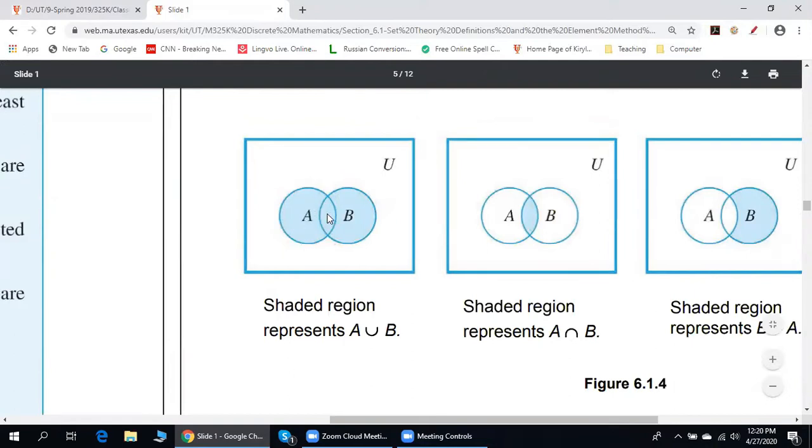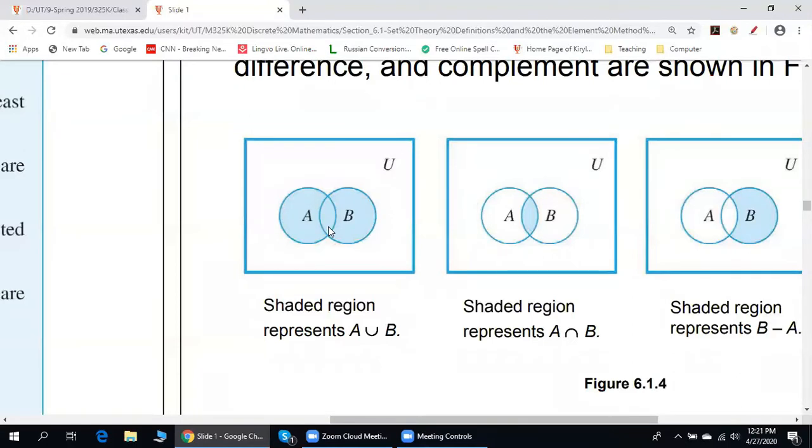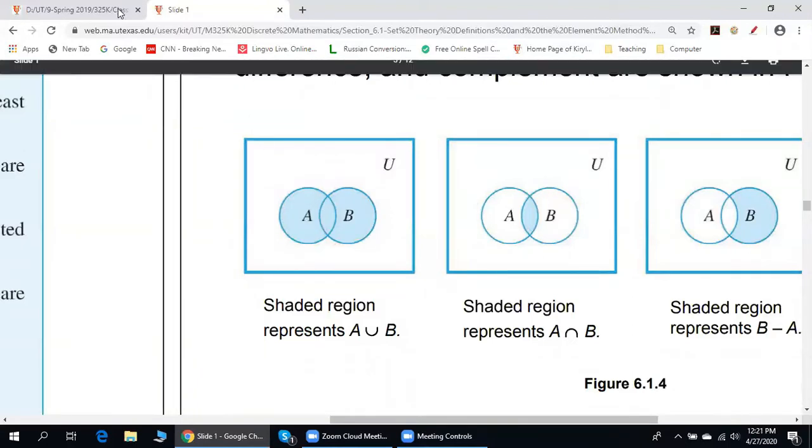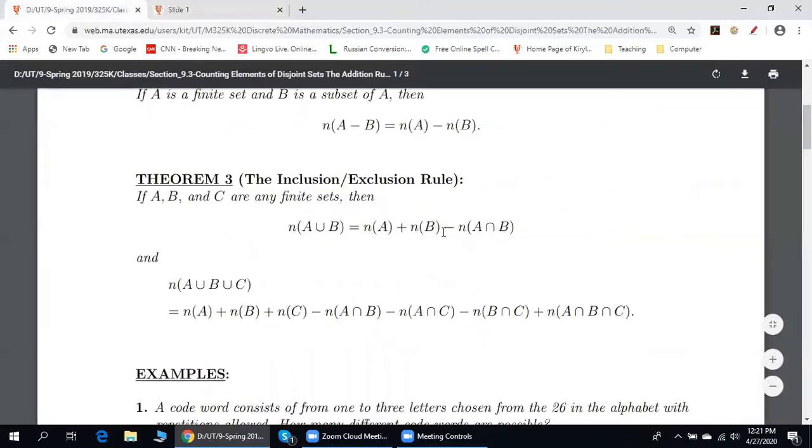In order to find the number of elements in this region, we add the number of elements in A, the number of elements in B, but note that over here we will count elements twice. Therefore, we have to subtract the number of elements in the intersection. It's exactly what is written here.